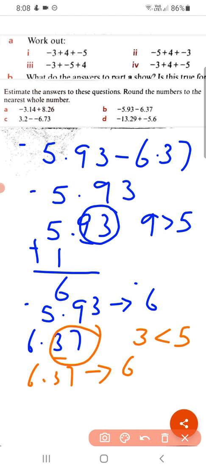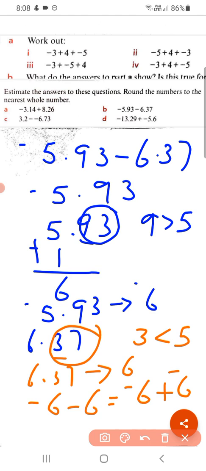So here children, 5.93 becomes 6 and 6.37 becomes 6. Then here negative 5.93. So negative 6 minus 6. Okay. Negative 6 minus 6, which is equal to negative 6 plus negative 6.